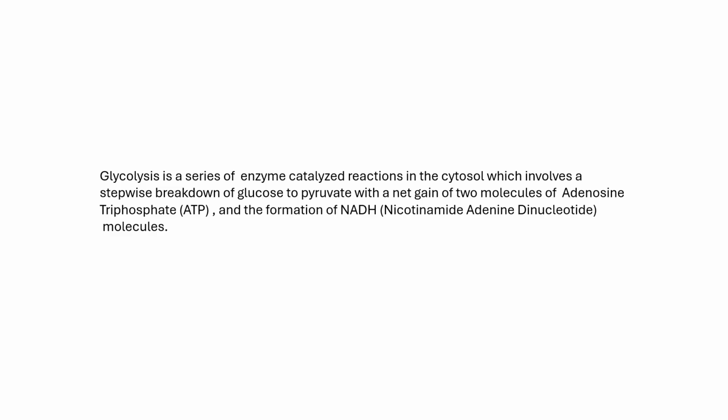So we break down the glucose to form the pyruvate, but it involves enzymatic steps or reactions to yield the pyruvate. So we are going to look at the steps involved in glycolysis.